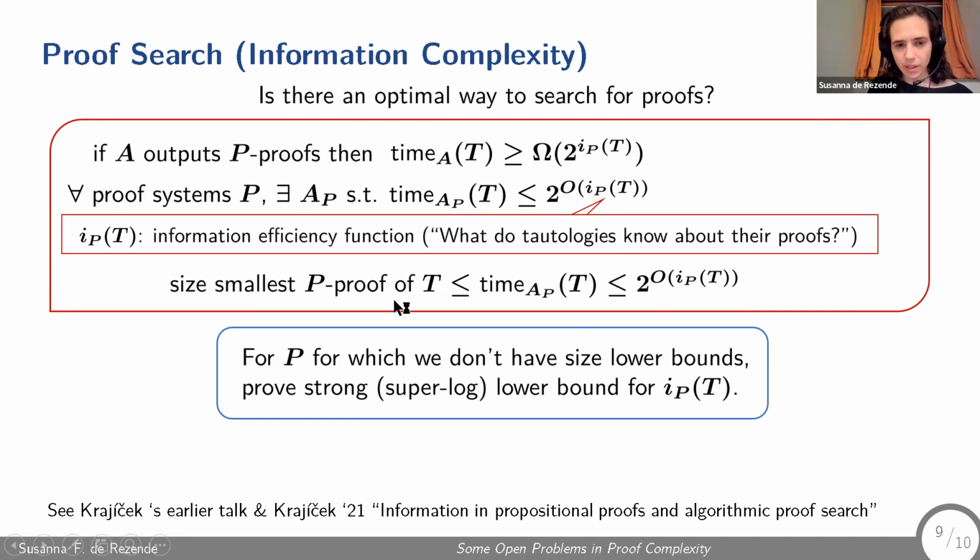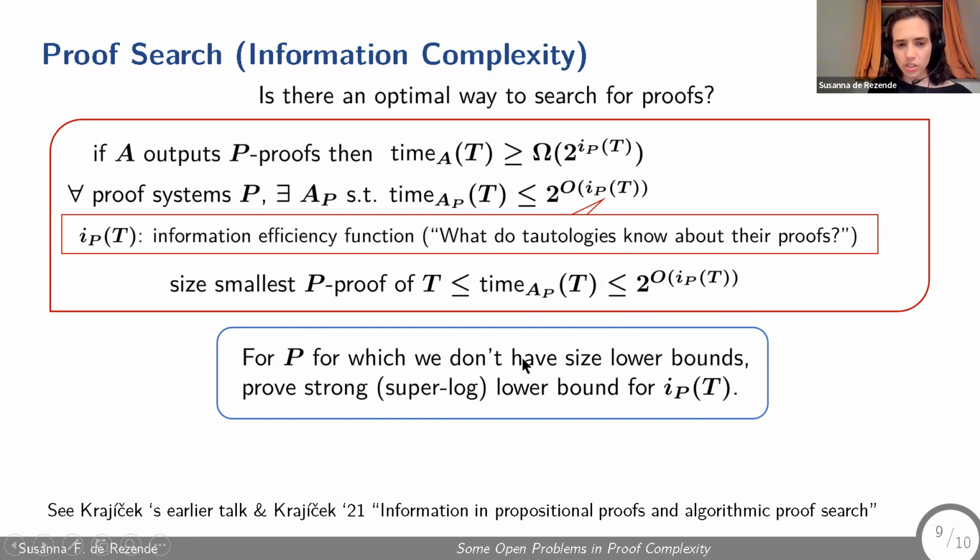Well, clearly the size of a proof is a lower bound on time, and consequently on this information measure. But another way to prove a lower bound on the time required would be to prove a lower bound on information.